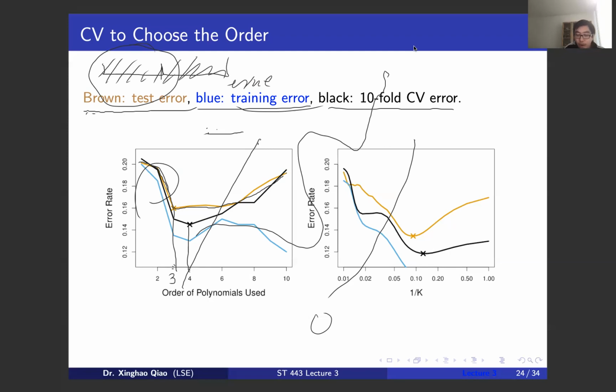Now we can also calculate the training error, denoted by the blue color. Ideally, we would expect the training error to decrease as the order of the polynomial increases.